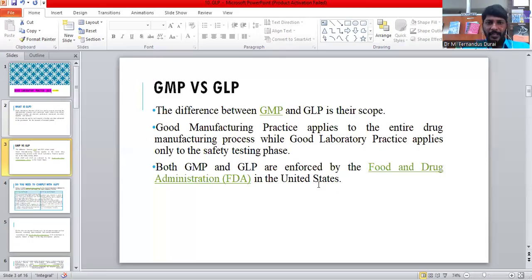Okay, so the GMP is the manufacturing of drug, the GLP is the safety testing phase. Both GMP and GLP are enforced by the Food and Drug Administration in the United States, the FDA.